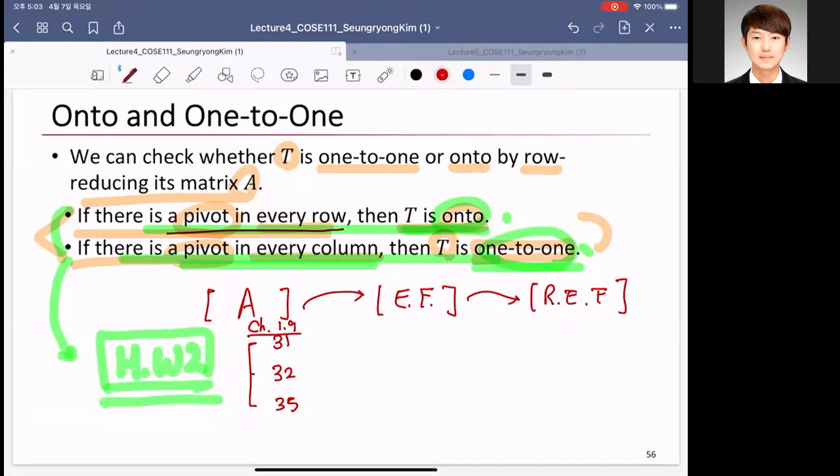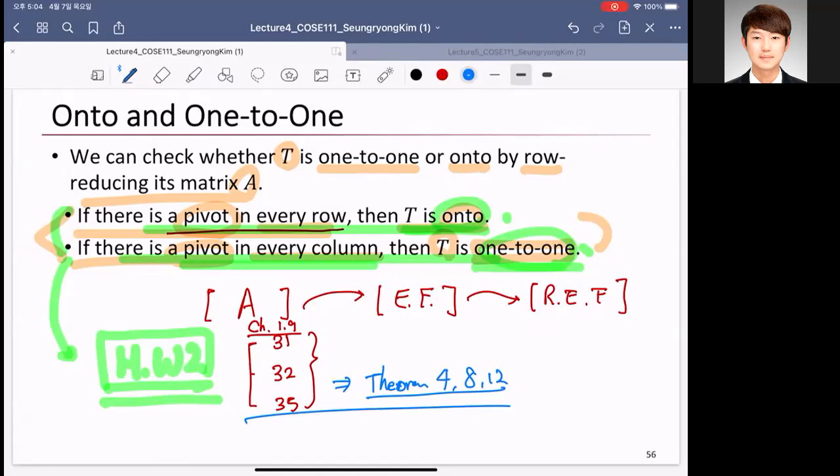Please try to solve or prove 31, 32, and 35 yourself, and I will let you know after the homework deadline. If I give you a hint, you can use Theorems 4, 8, and 12 in chapter 1 to prove these three questions. So please try to understand this one.